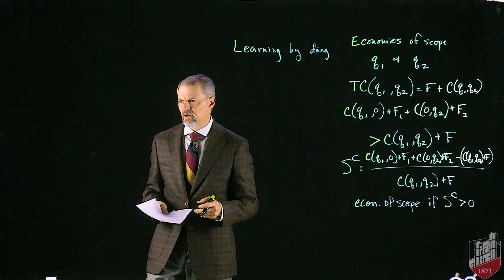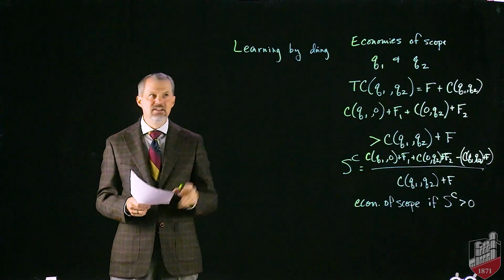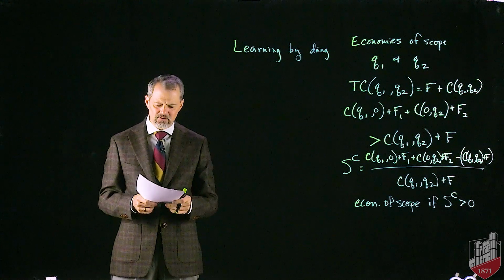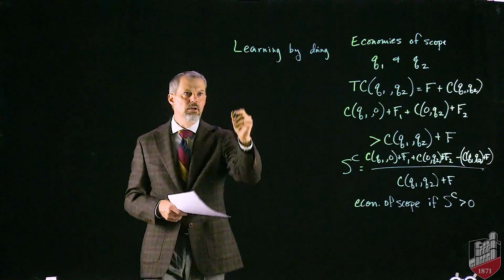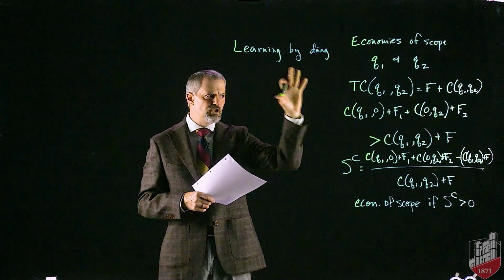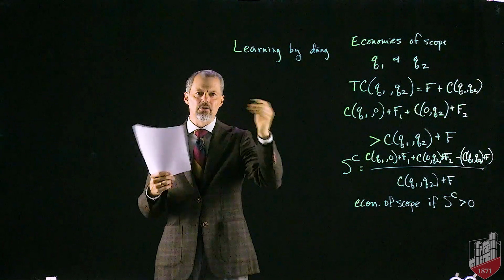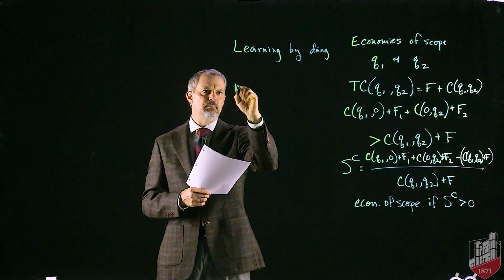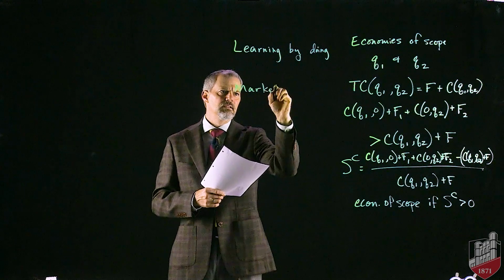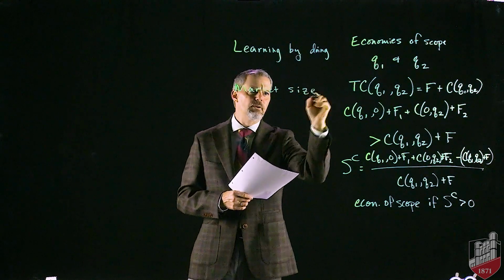We can think about a number of non-cost determinants of industry structure. These are things that don't have to do with costs but also determine the structure of an industry, such as market size. How big is the market?